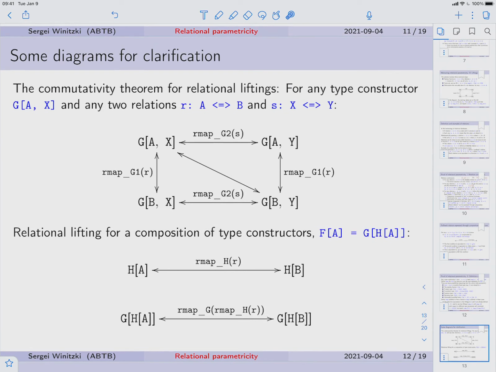You lift a given relation R with respect to H, you get a relation between H of A and H of B, and then you lift that relation with respect to G, and then you get a relation between G of H of A and G of H of B. So that's how you define lifting if you have a composition.